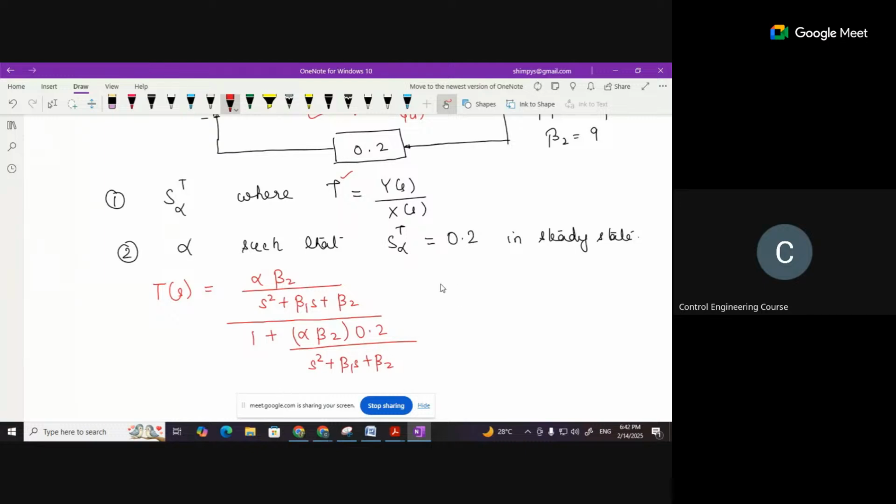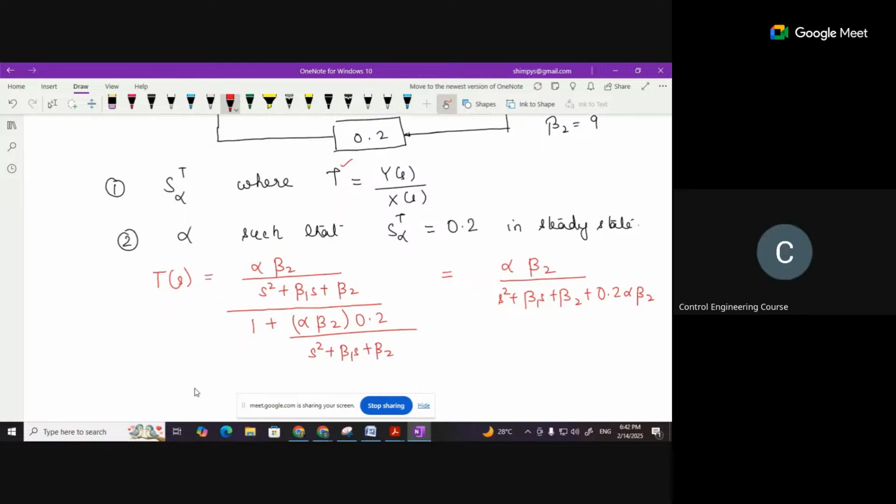Correct? So on solving this, what I'll get? Alpha beta 2 divided by s square plus beta 1s plus beta 2 plus 0.2 alpha beta 2. Is it correct? Yes, ma'am.